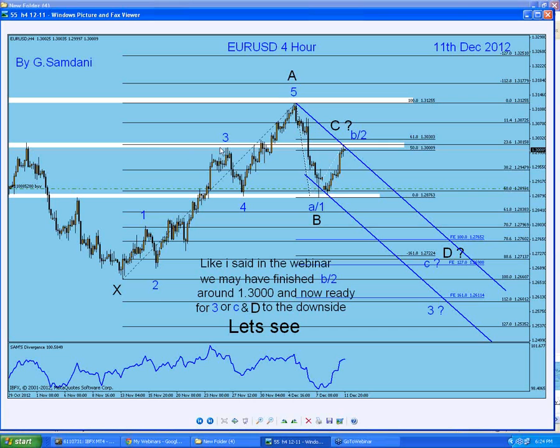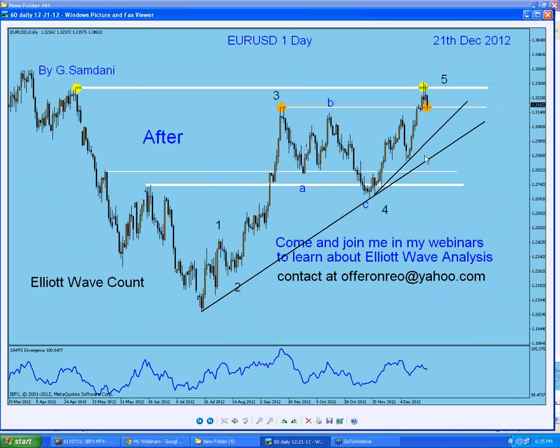When it reached this level, I thought this was wave A, then B and C to the downside. But this advance from this area just continued going up, and it ended up all the way right around here.